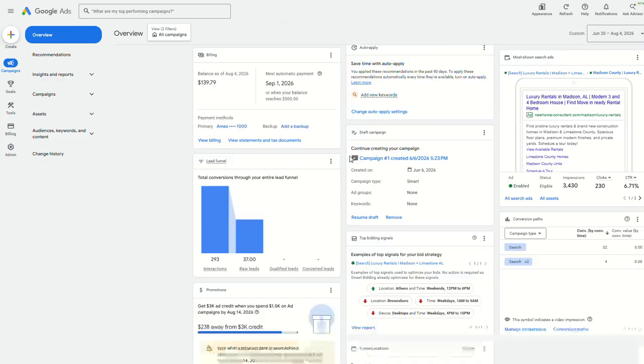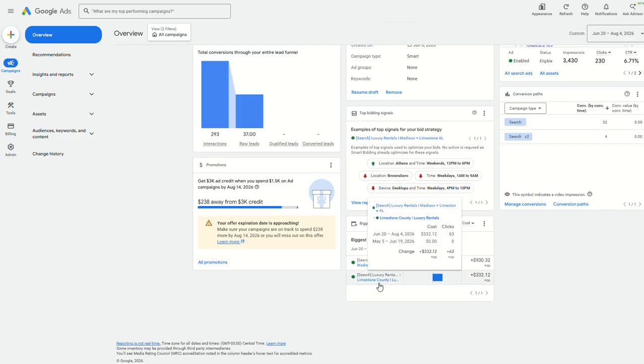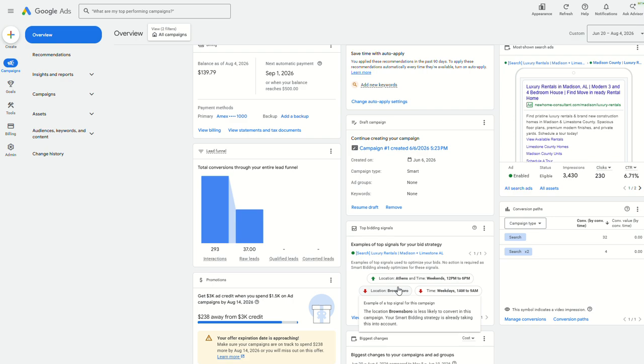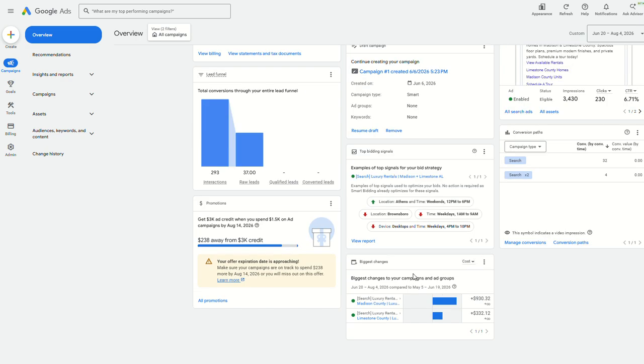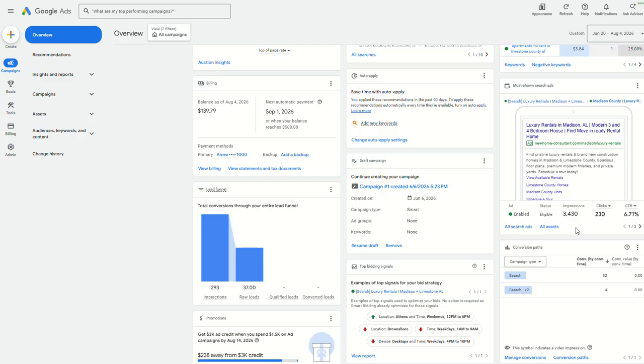So far we are running one campaign with two ad groups. One is for Madison and another one is for Limestone. And we are getting good responses from these campaigns. The thing we always want to check is that we are getting a good click-through rate. For example, we get 230 clicks from this campaign, and we have a 6.71% CTR for the ad group of Madison County.